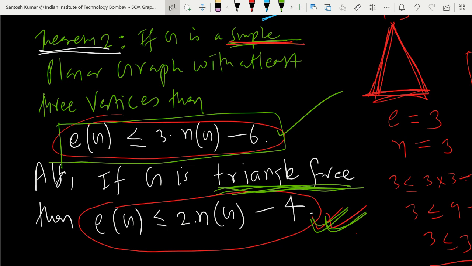So let me come to the proof now. First we'll prove the first part, the upper one.